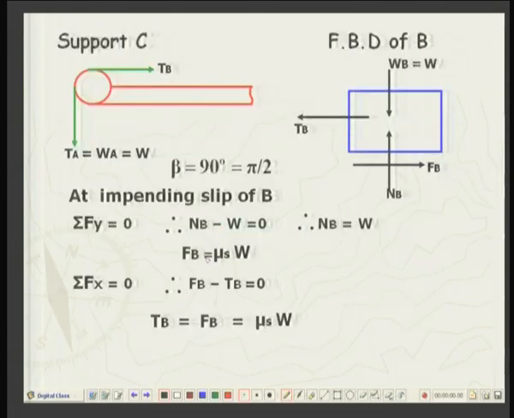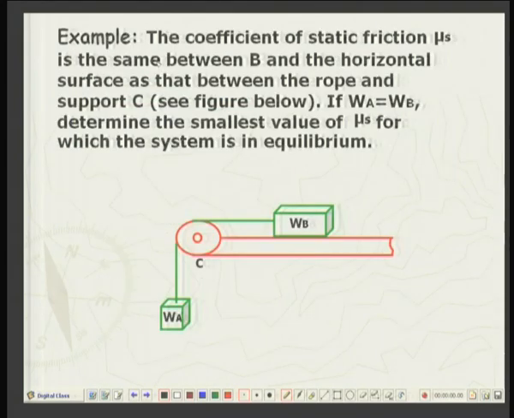Now there are two free body diagrams here, one for the belt or the rope. So on one side there is a tension TA and on the other side the tension TB. Now on this side, naturally this tension will be due to the weight WA.